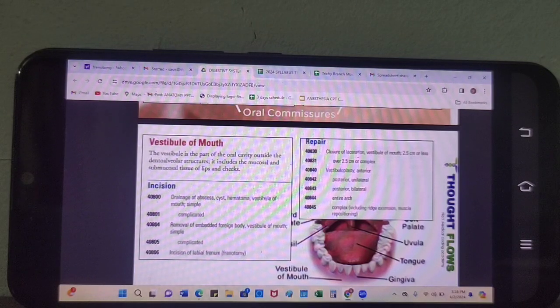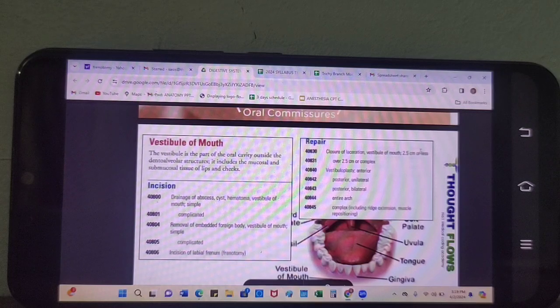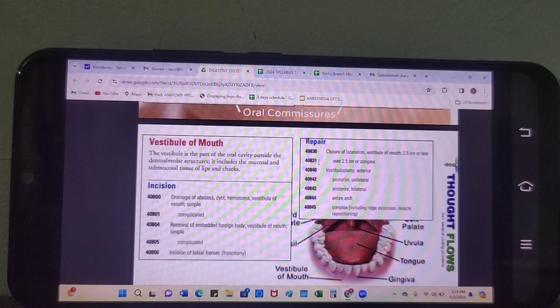So for closure of laceration of vestibule of mouth, if the suture length is 2.5 centimeters or less, go for 40830. Over 2.5 centimeters, that is 40831.